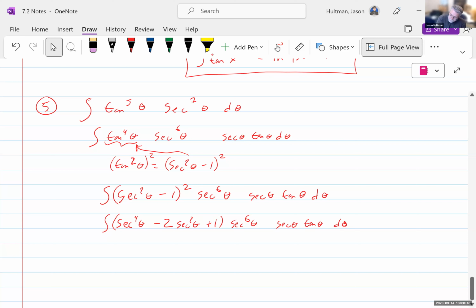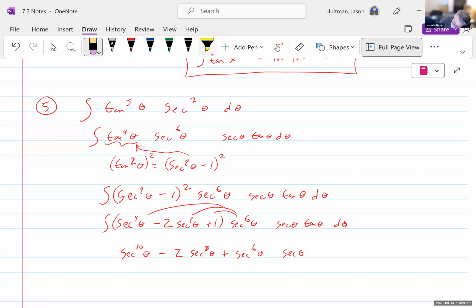Now I'm going to distribute my secant to the 6th power, and I get secant to the 10th of theta, minus 2 secant to the 8th of theta, plus secant to the 6th of theta, times secant theta, tangent theta, d theta.